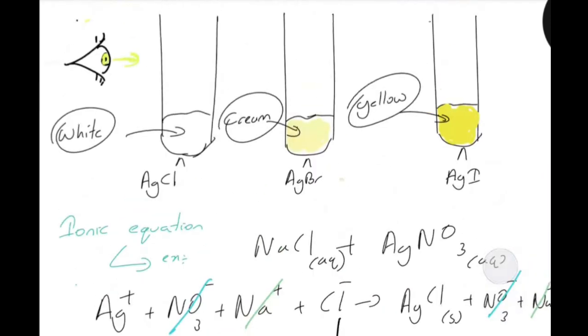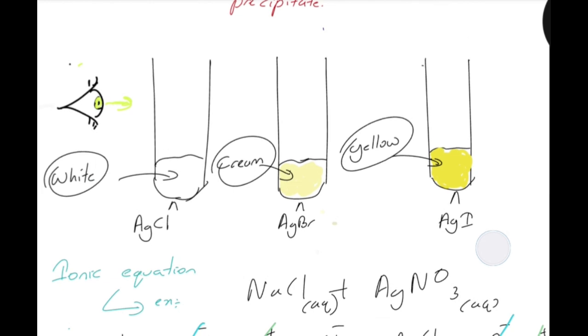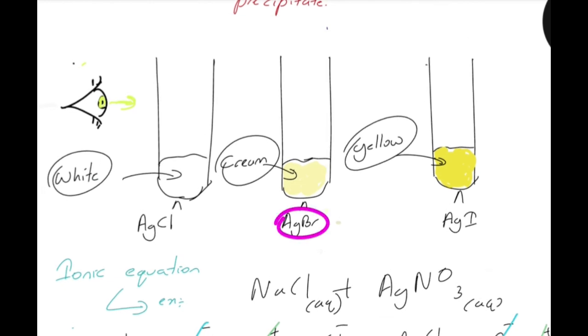If the color looks green for me, and I get silver bromide, it may look yellow for you, and someone else it may look more orange. Because of that reason we cannot get a more distinguished result.